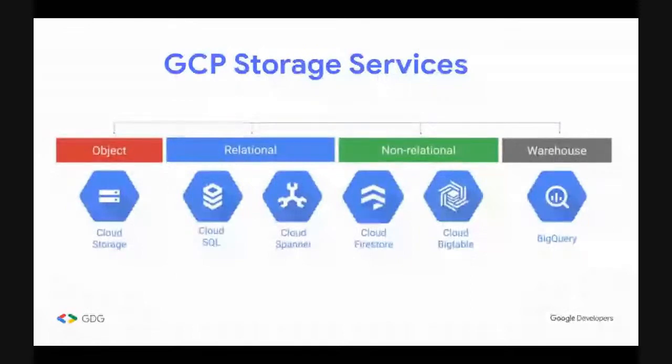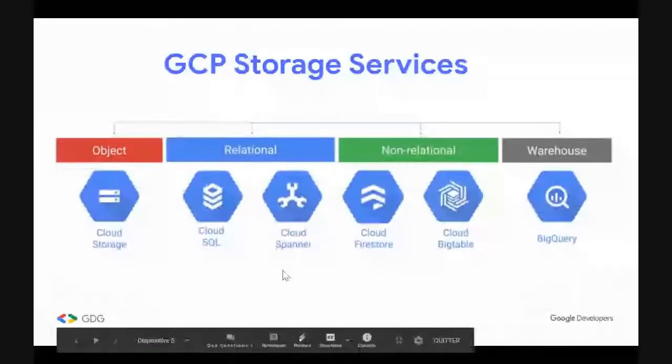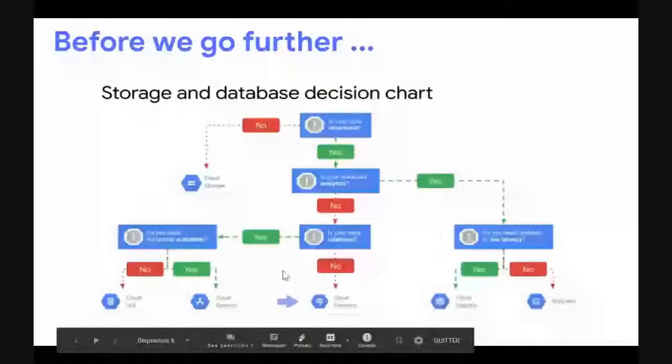For non-relational, we have Cloud Firestore, which is good for mobile and web applications, and it's really related to Firebase as well. We will see also Bigtable, and that's it. For BigQuery, we're not gonna.